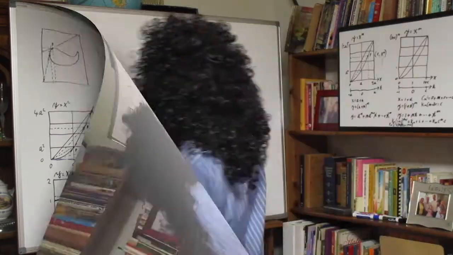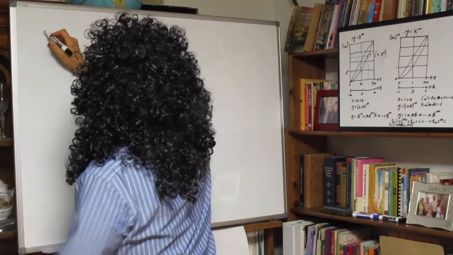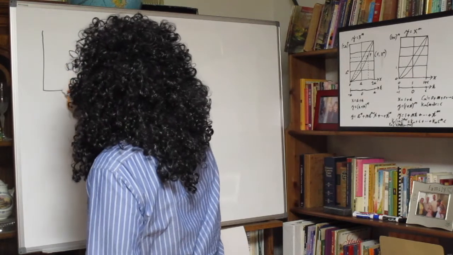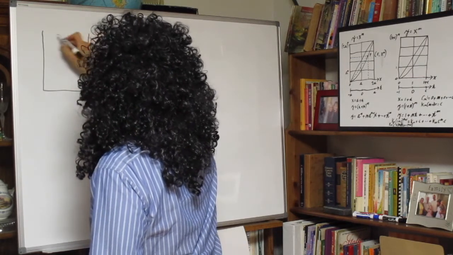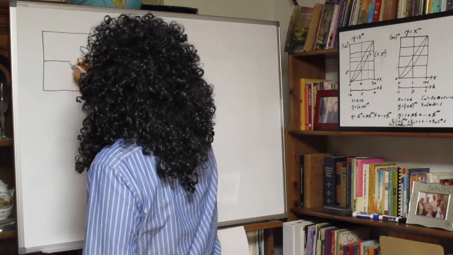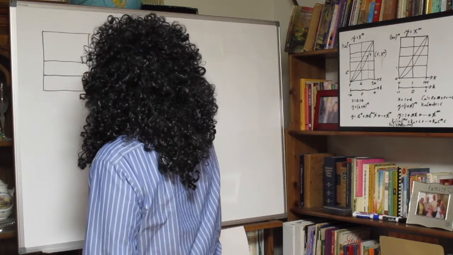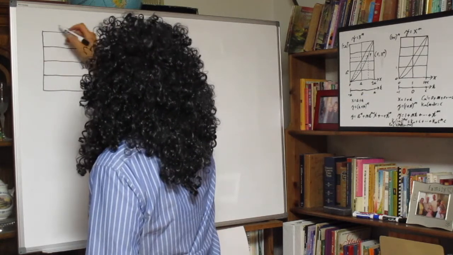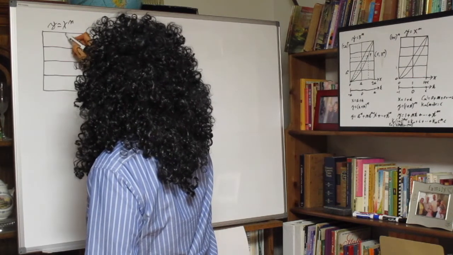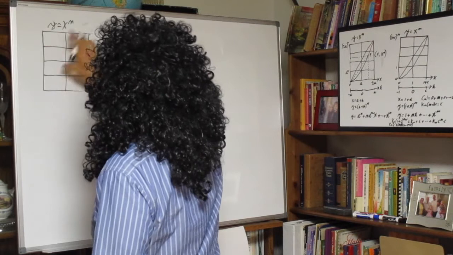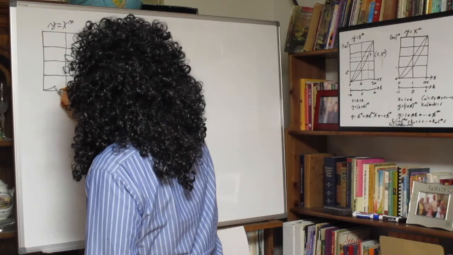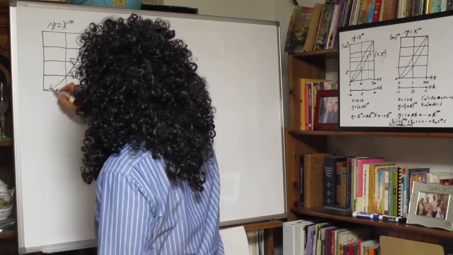Okay. Well, let's review. Basically, here's my setup. And it looks something like this. And I'm doing y equals x to the n, right? I'm actually drawing it for y equals x squared, but that's okay. So there's that.